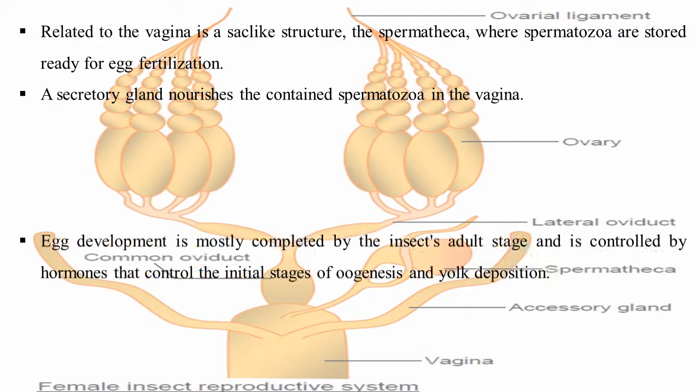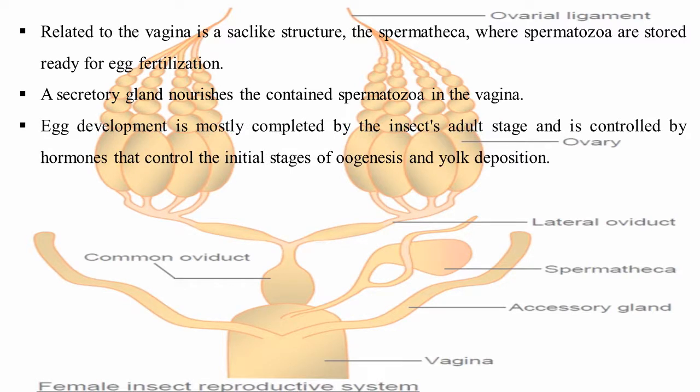Egg development is mostly completed by the insect adult stage and is controlled by hormones that control the initial stage of oogenesis and yolk deposition.